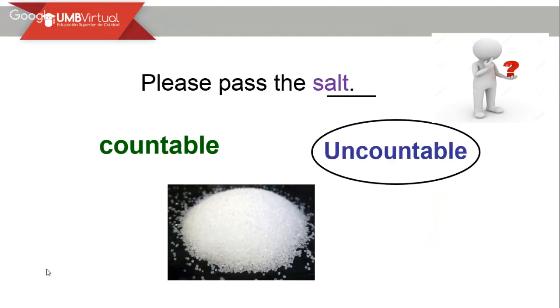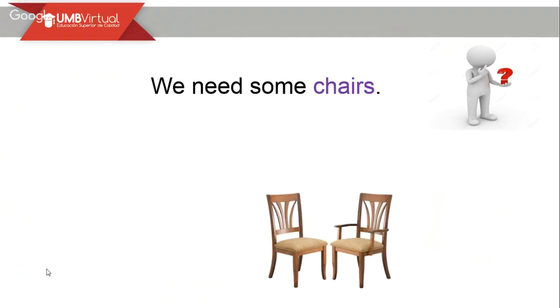Necesitamos un cuantificador que haga plural como tal el sustantivo, pero por sí solo, cada una de estas palabras son incontables. Podemos decir una libra de sal, 1 pound of salt, o 2 libras, 2 pounds of salt. By itself, it doesn't modify. We don't have to do any modification. We need some chairs.